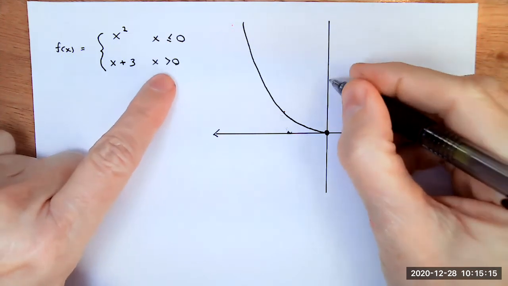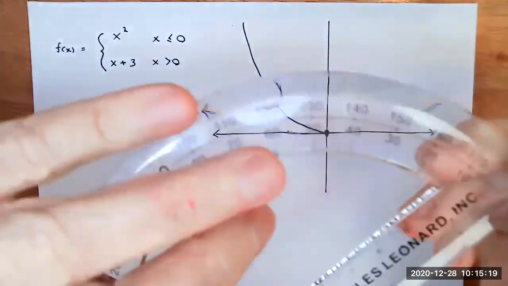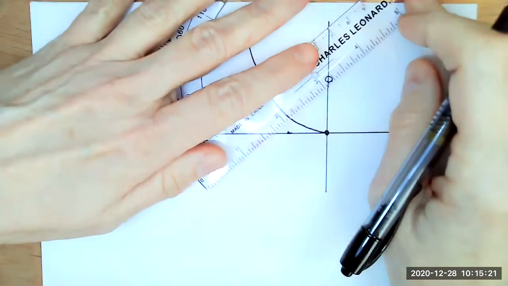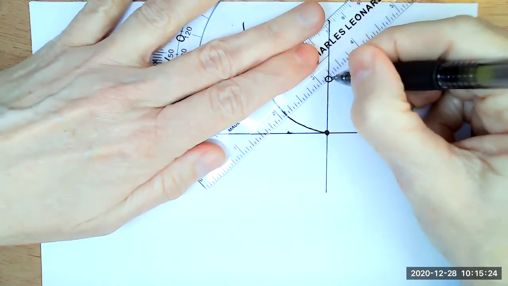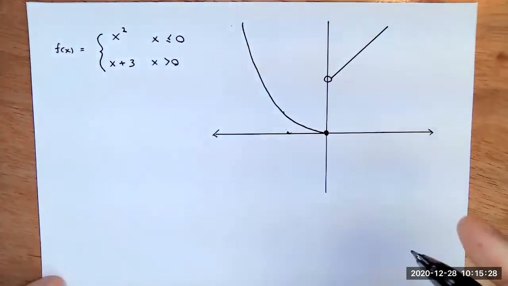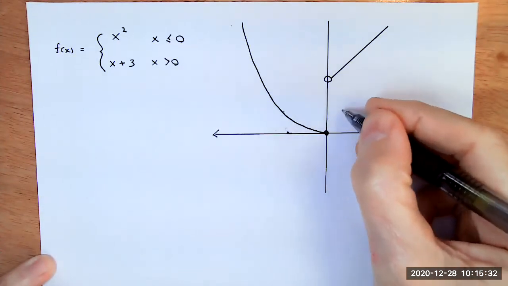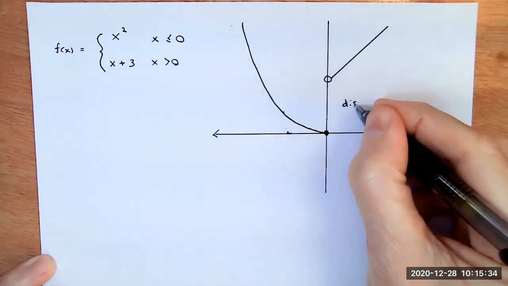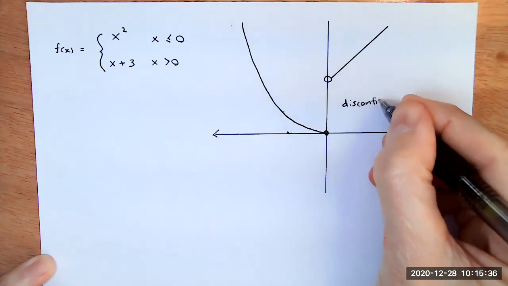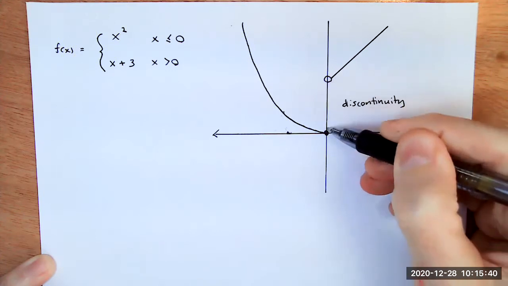This is strictly greater than, so that's going to be an open circle. And it's just a line with slope equal to 1. Again, we have a discontinuity here, because the graph makes a jump.